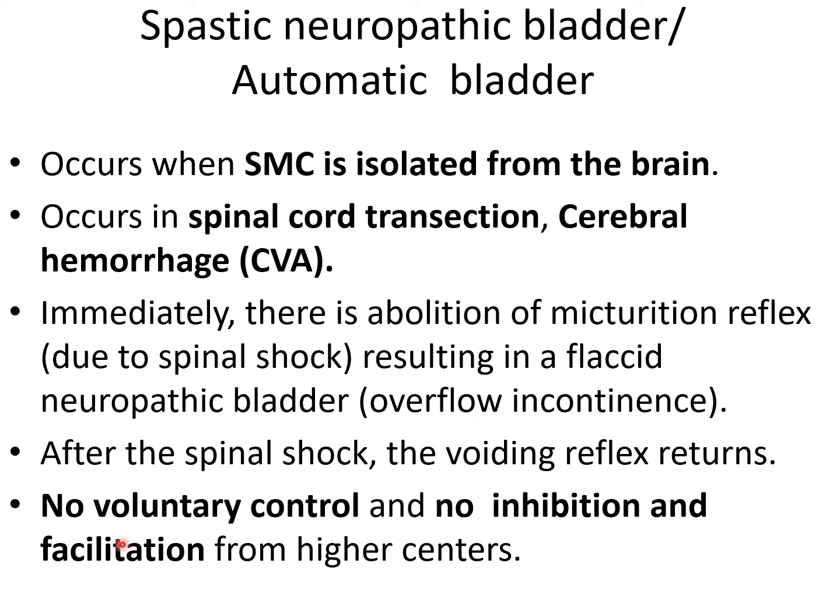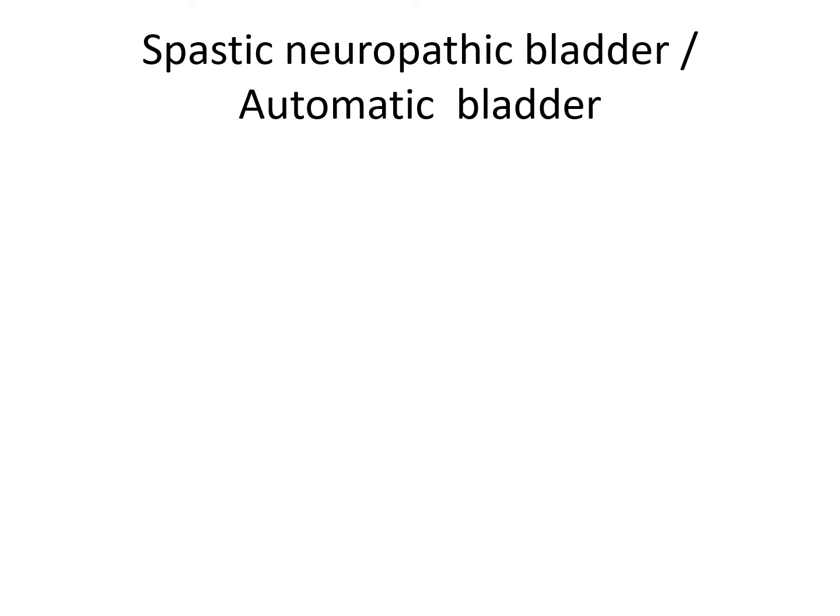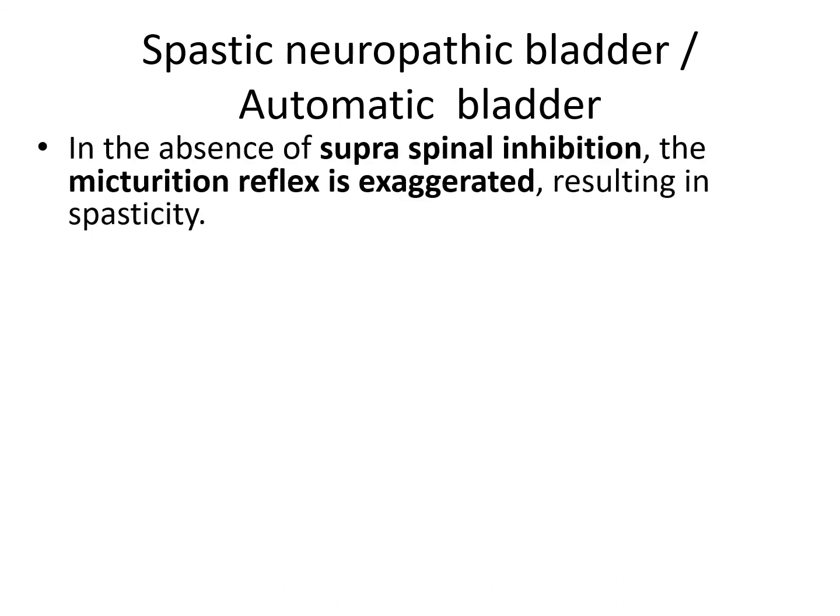Here, as it is cut from the brain, from the cortex, from the pons and midbrain, there is no voluntary control, no inhibition or facilitation from higher centers. But unlike the two categories, here the reflex is present, or rather exaggerated.